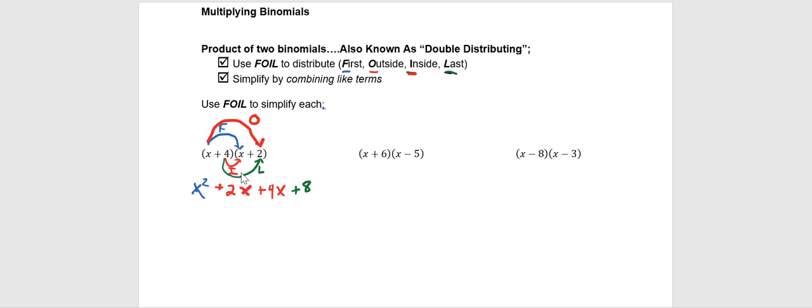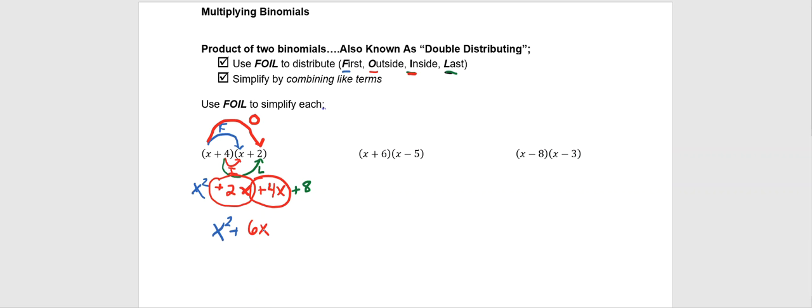Now, as I mentioned, I'm going to clean this up a little bit. If we do this in the proper order, then when we get to the outside and inside terms, you notice we have like terms. We have 2x and we have 4x, and that's going to become 6x in the middle.